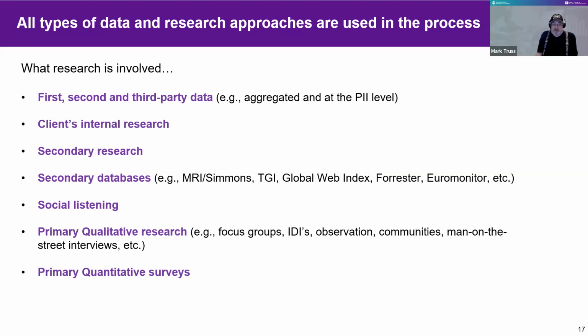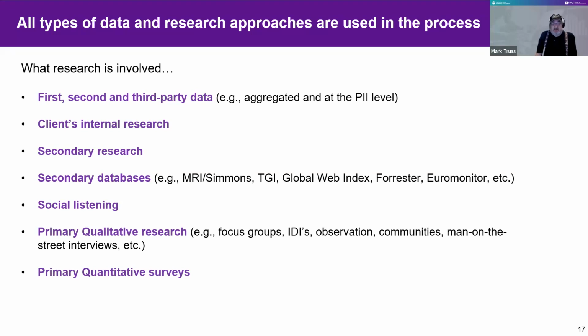Secondary research, reports about a category or culture or something. Secondary databases, so MRI, Simmons, TGI, Forrester, Euromonitor, usually databases that agencies have subscription to one or more of these that can help us understand someone else's analysis of a category, of a brand or media consumption.